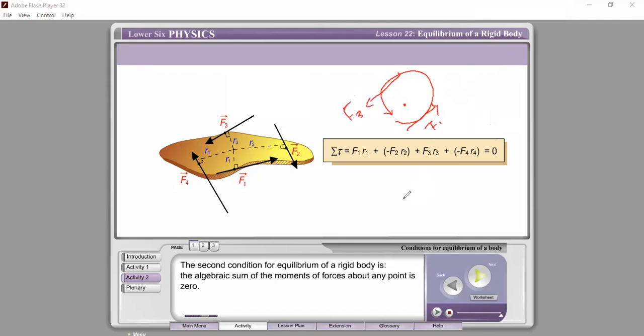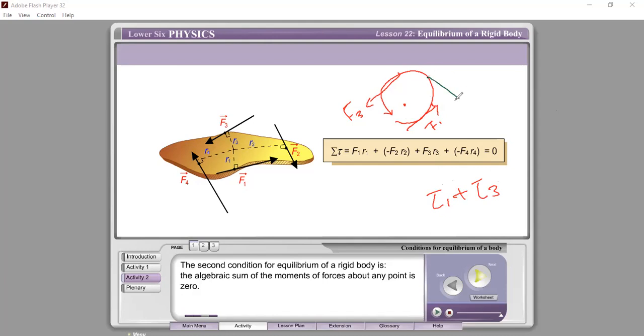That means they make the system continue to rotate in the same direction, so we can set torque 1 plus torque 3 in the same direction. Now, what happens to F2 and F4?